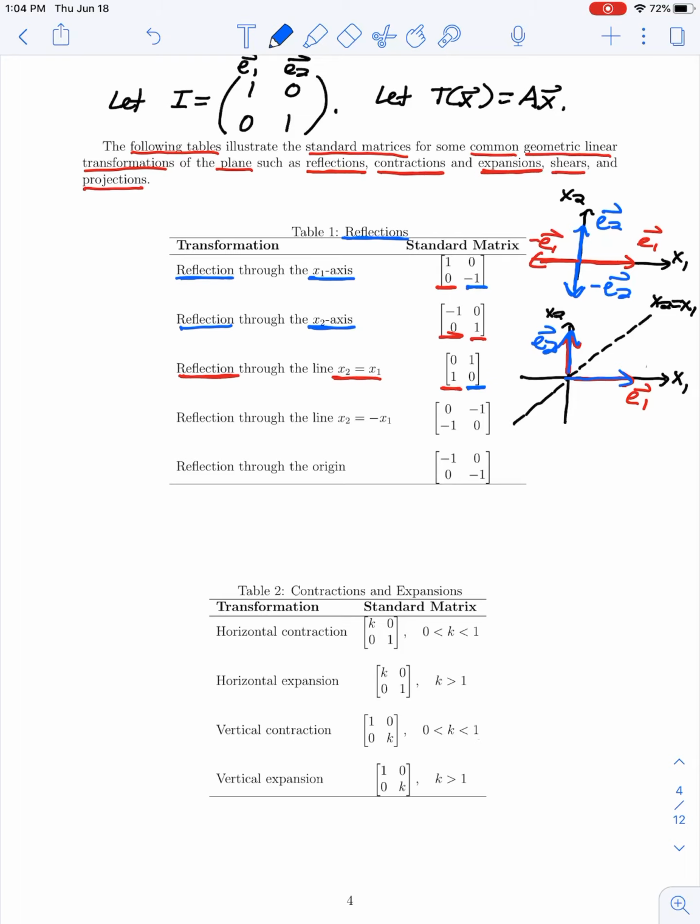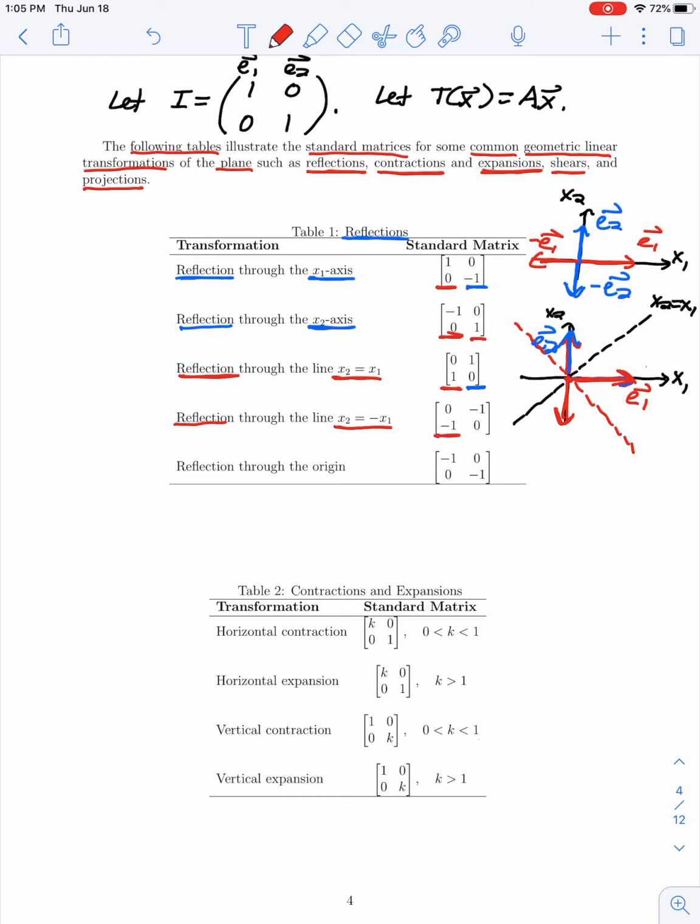So let's look at some other examples. Say that we are interested in reflection through the line x2 is negative x1. That would be the line of slope negative 1 passing through the origin. If we look at the image of the first vector, E1, under that transformation, reflecting about that line would give us the vector 0, negative 1.